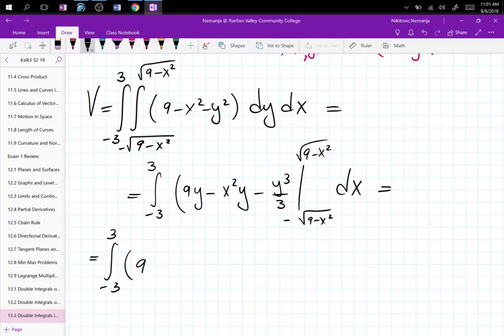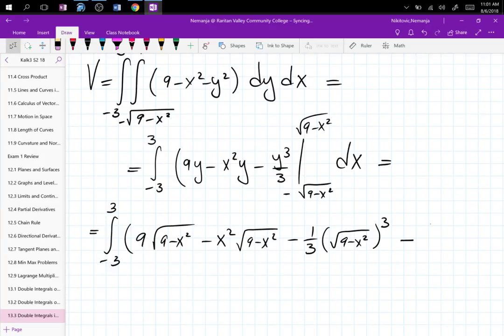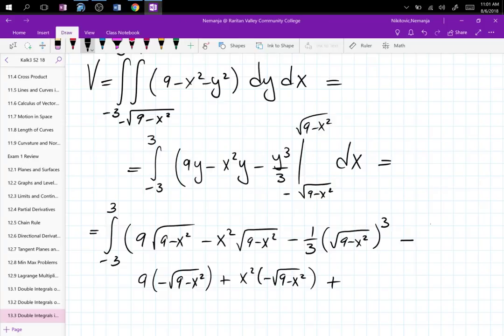We have 9 square root of 9 minus x squared, minus x squared times the square root of 9 minus x squared, minus 1/3 of the square root of 9 minus x squared cubed, minus, and now we have the bottom one, which is going to be 9 times negative square root of 9 minus x squared, plus x squared times negative square root of 9 minus x squared, and then minus and minus gives us another plus of 1/3 of negative square root of 9 minus x squared cubed. All of that still dx.